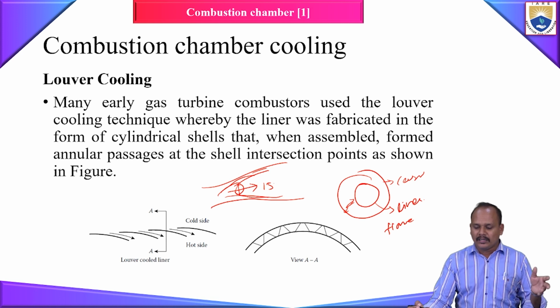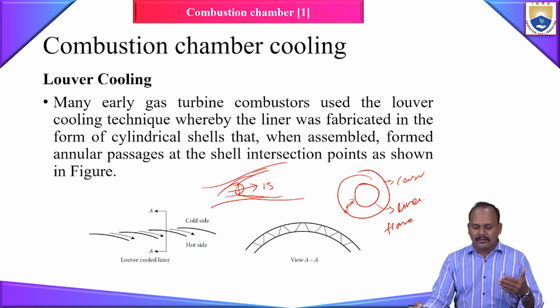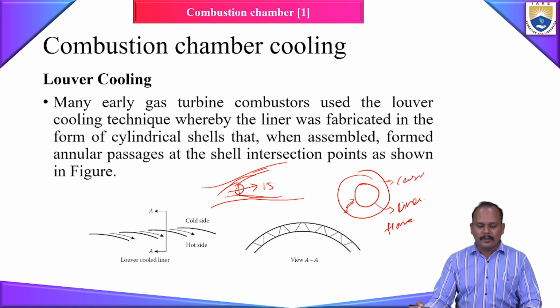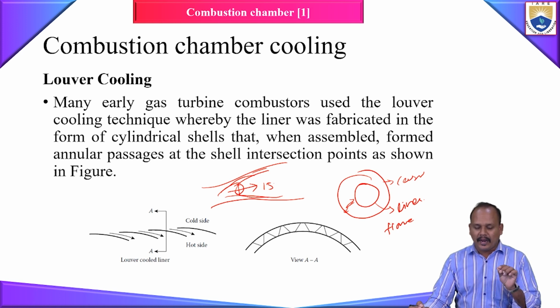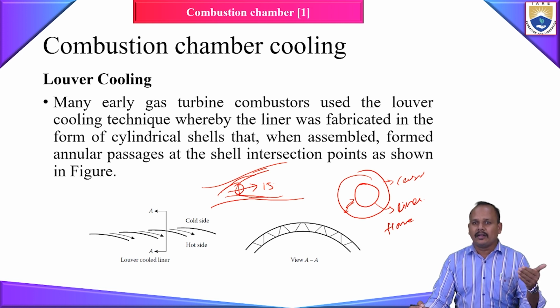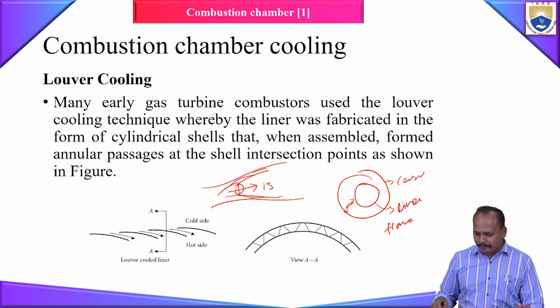So your temperature will not exceed a certain limit, and you can maintain the liner temperature at the required value so that you won't have the creep problem or a high temperature rise in your liners. Basically, louver cooling is a kind of convective cooling where the airflow passes through the cylindrical shells. The source of the airflow is the air moving between your liner and the casing.